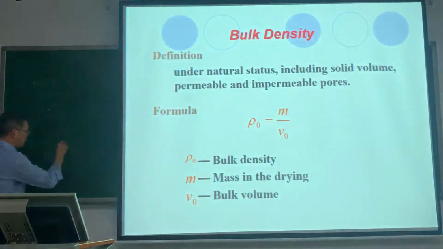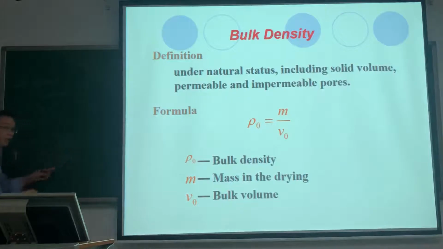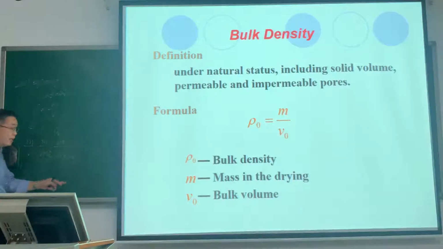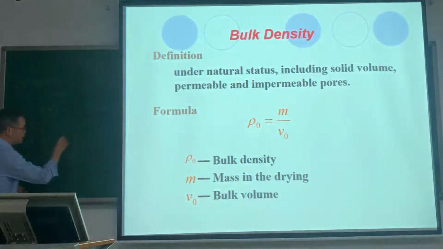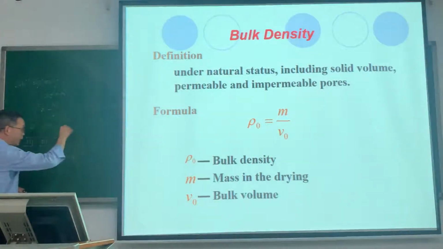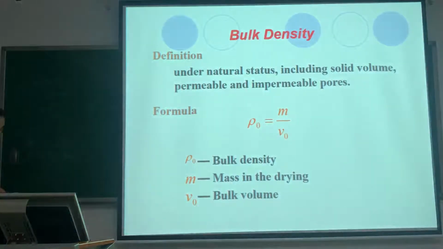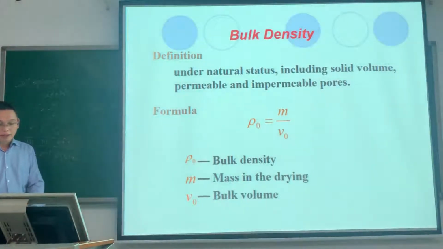And this one is including another one, the permeable pores volume. So from this side to this side, the density is decreased. So this is bulk density.